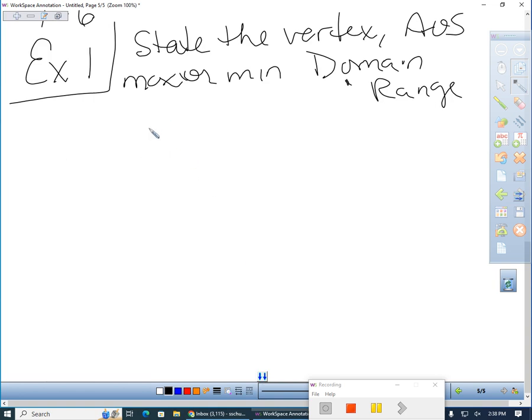So if I have y equals negative 2x squared plus 12x minus 7.